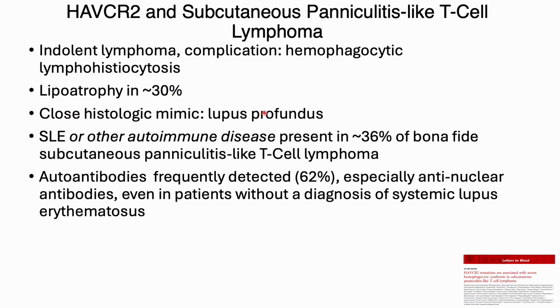Its close histologic mimic is lupus profundus, in which you can also see lymphocytes lining up around individual adipocytes, and this is made more challenging by the fact that lupus or other autoimmune disease is present in 36% of bona fide subcutaneous panniculitis like T-cell lymphoma, and that's because autoimmune diseases are thought to be risk factors for development of subcutaneous panniculitis like T-cell lymphoma, and antibodies can frequently be detected in 62% of patients, especially ANAs, even in patients without a diagnosis of systemic lupus.